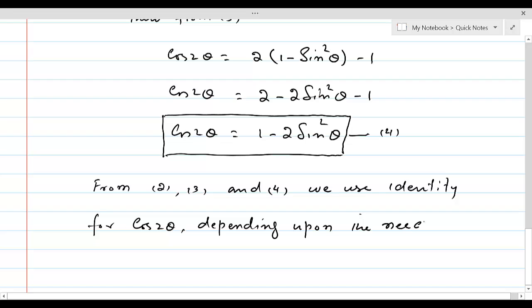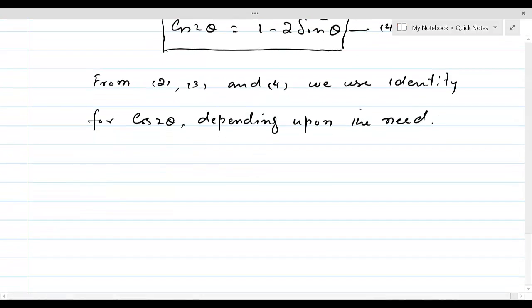So all three of them are valid, and as you can see we have derived 3 and 4 from 2. Therefore all three of them can be used for the value of cos 2 theta.